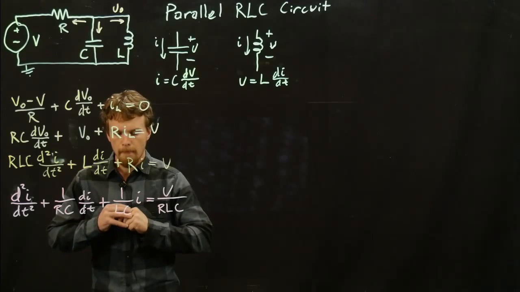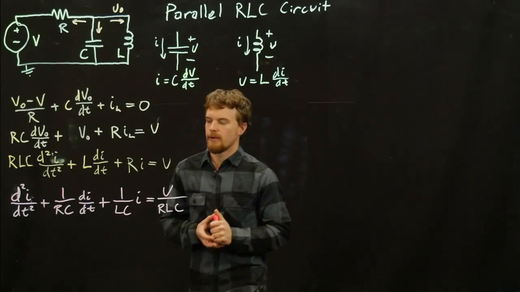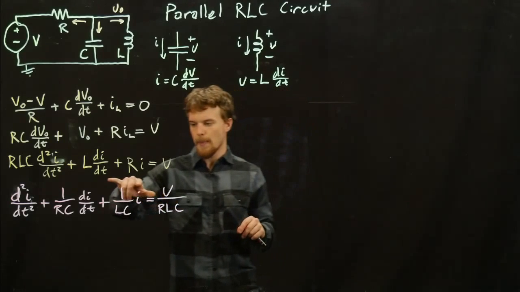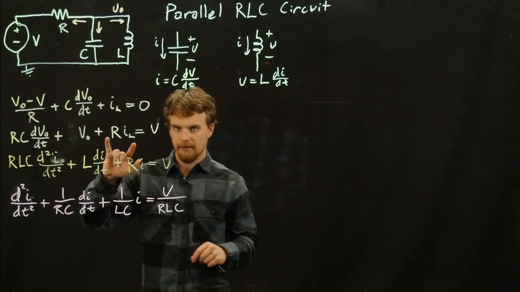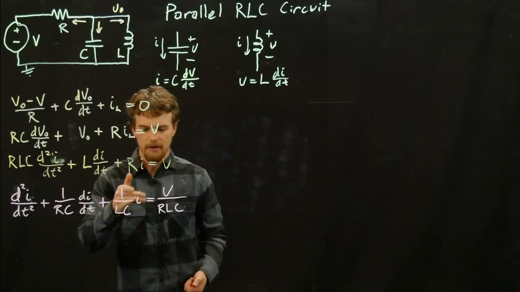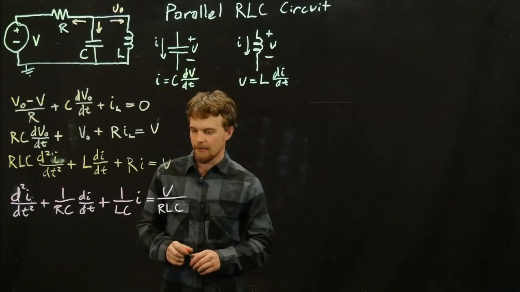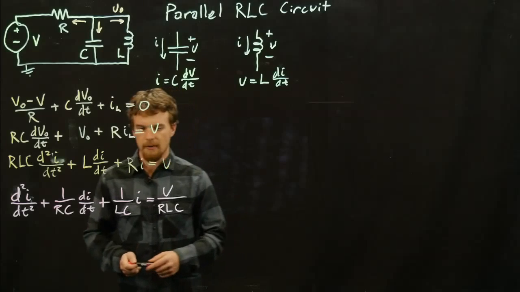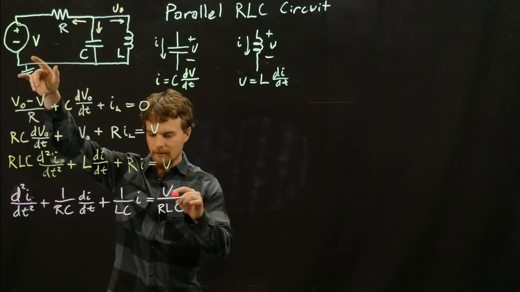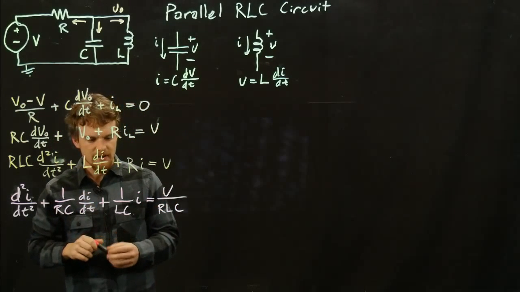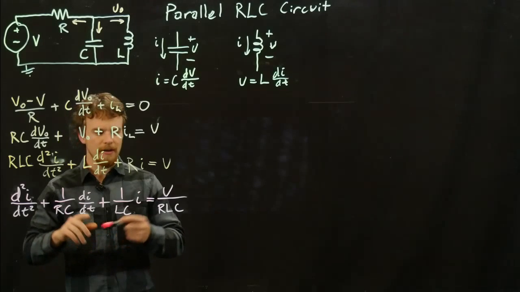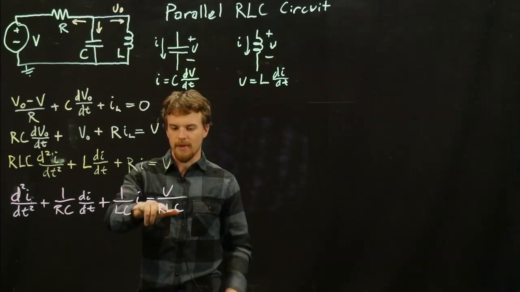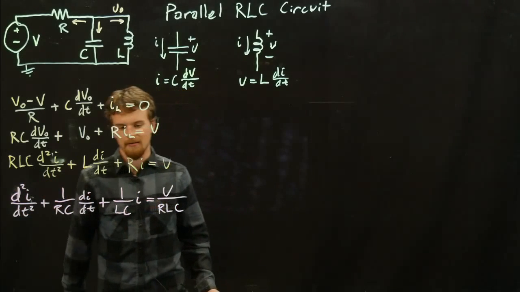And so from differential equations, we know that the solution to this is going to be the sum of our homogeneous solution and a particular solution, where a particular solution is any one value you could plug in for I that would make this equal.